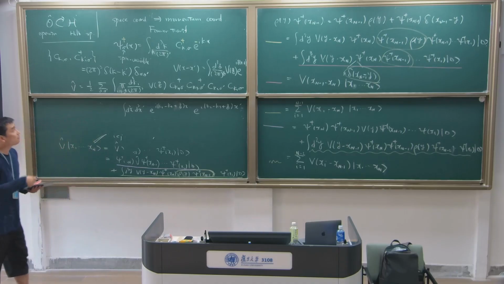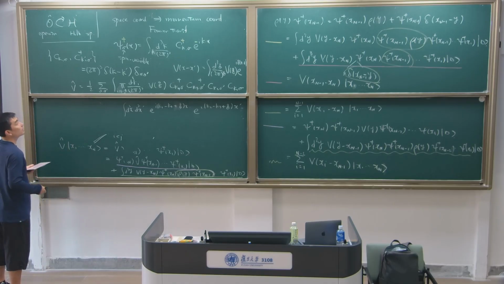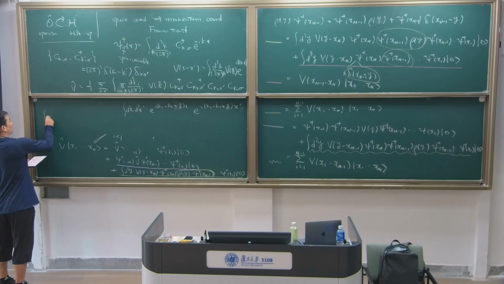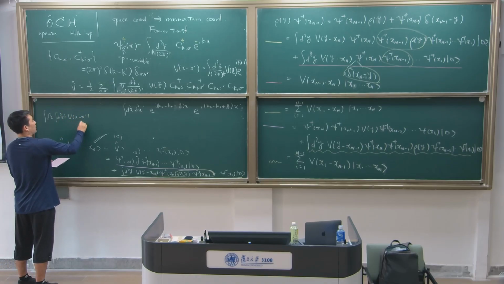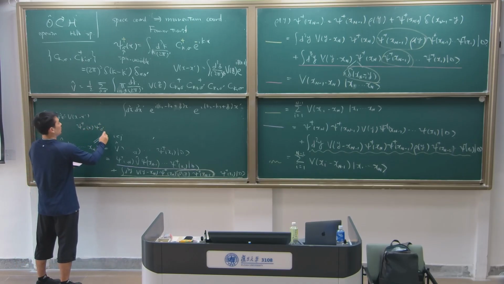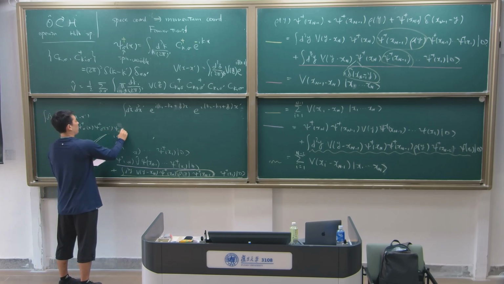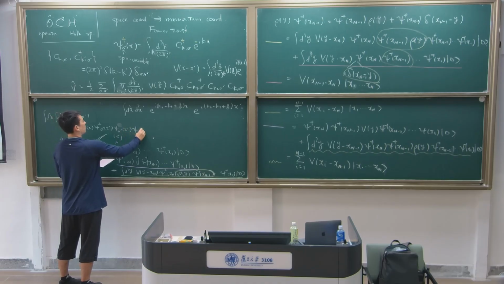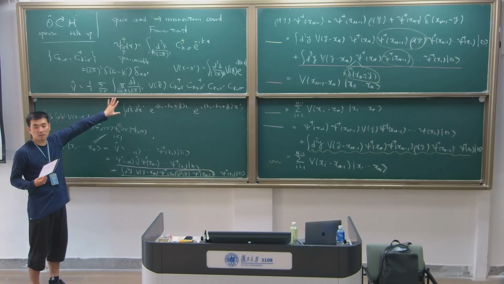Is it okay? So it used to be dq, x, dq, x prime, e^(x minus x prime), and psi dagger sigma of x, psi dagger sigma prime of x prime, and psi sigma prime of x prime, and psi sigma of x. It was like this. And then you just do the Fourier transformation, you get this.